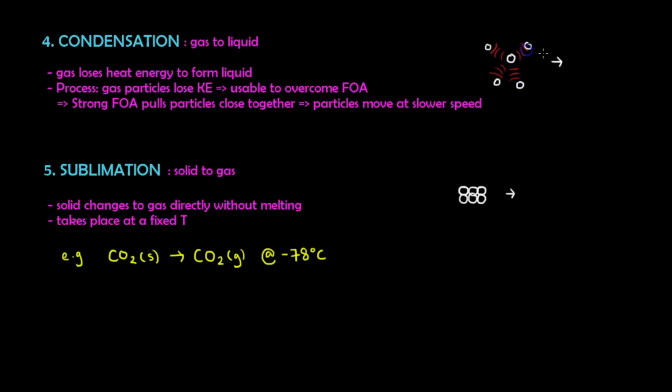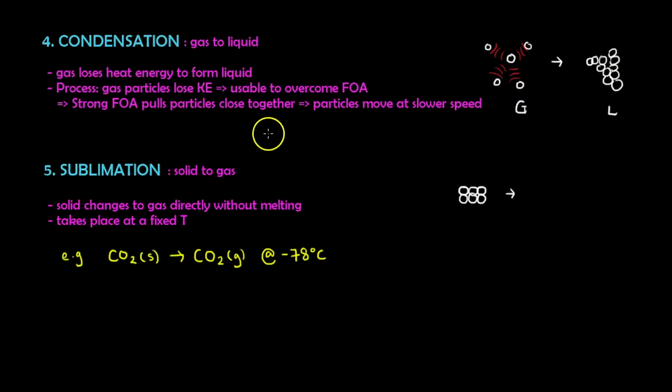Okay, and they have no choice but to abide, right? Because there's no energy for them to move away. And now what they will form is liquid particles, which do not have a fixed shape, but are still close together. And that's why the particles now move at slower speeds. So now from gas, I have converted them to liquid particles.